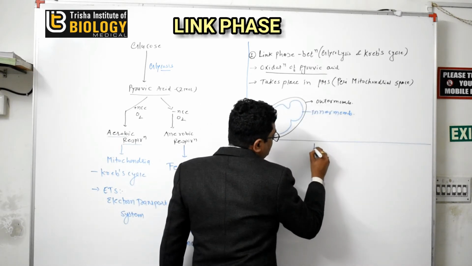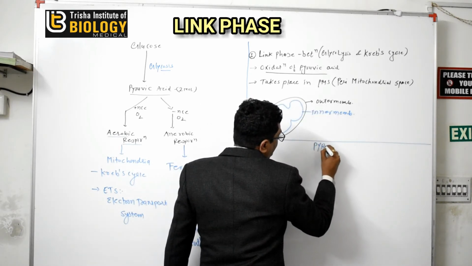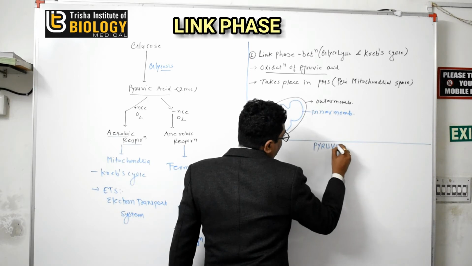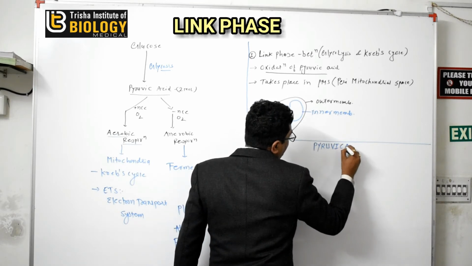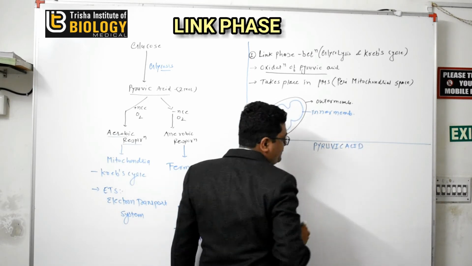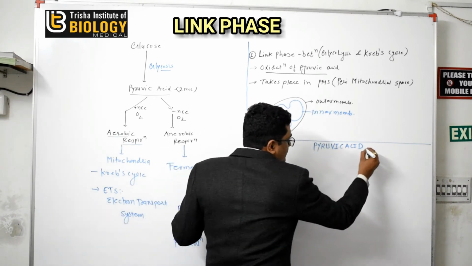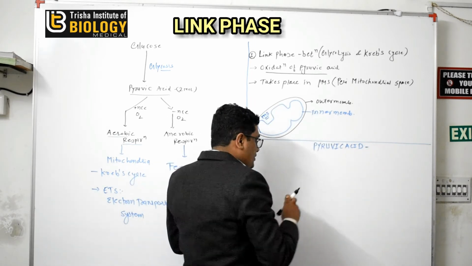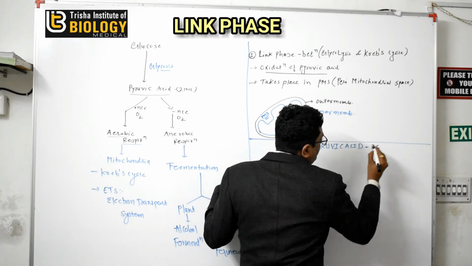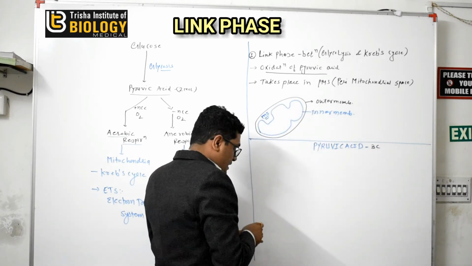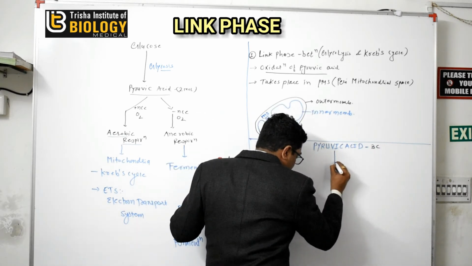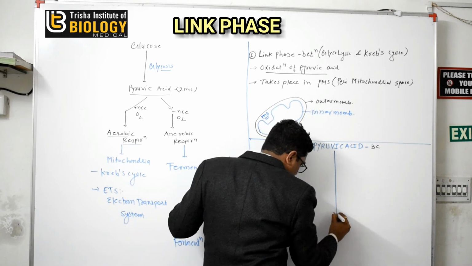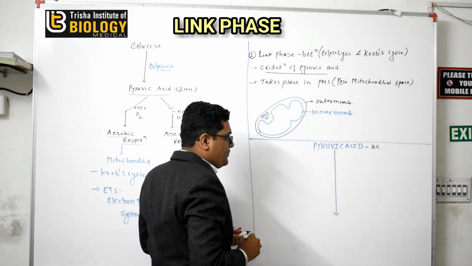Now how does this oxidation take place? So now what do we have? Pyruvic acid. Pyruvic acid has how many carbons? It is a 3 carbon containing compound. Now this pyruvic acid undergoes oxidation with the help of an enzyme.